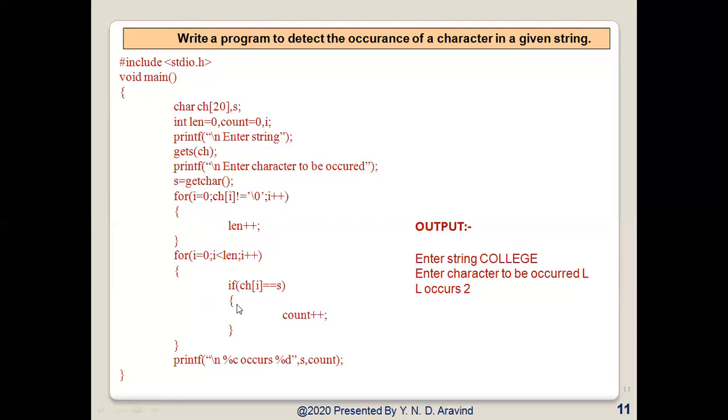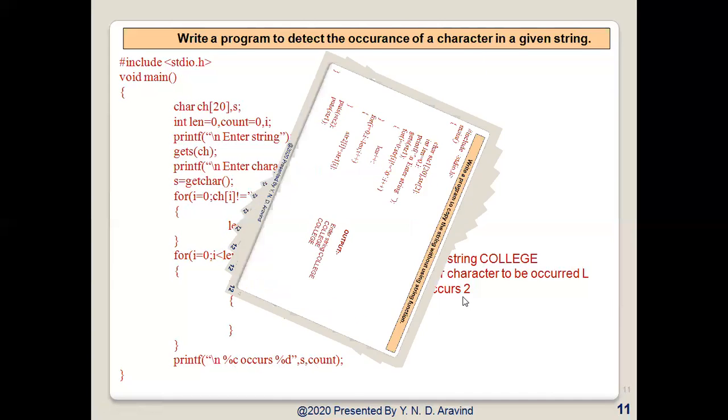So using this for loop, I have incremented the count value. Whenever I see L, I have incremented count plus plus. So my count will automatically go to 2 and here it will display L occurs %d. In that %d, count will be 2 times. So L occurs 2 times.